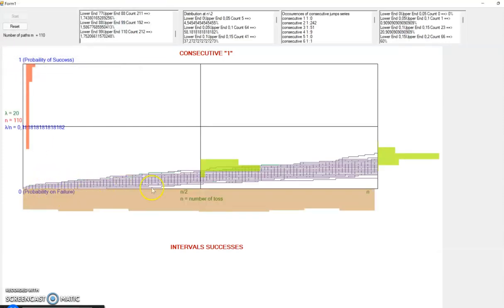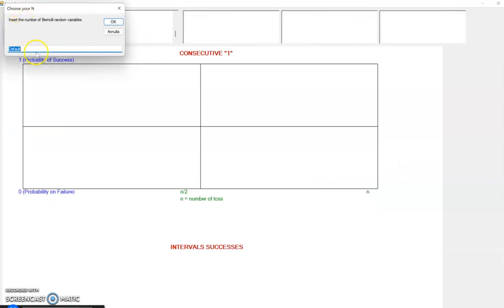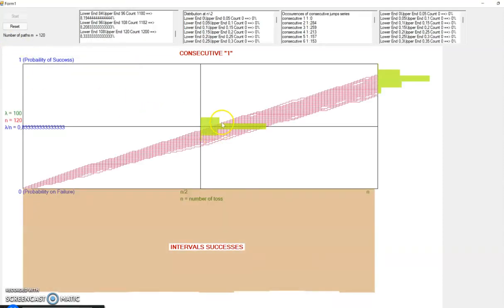In fact, the random walk is very near to the probability of failure, because there are few successes. By increasing this value, this trend is completely the opposite of the one shown before.